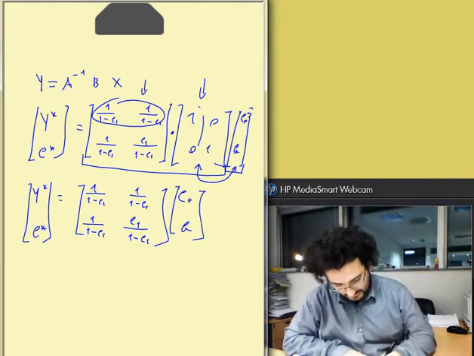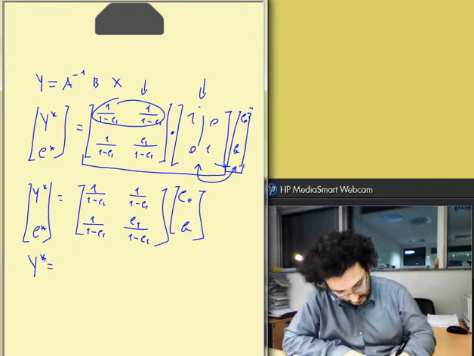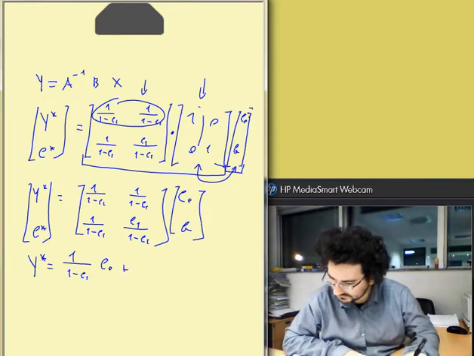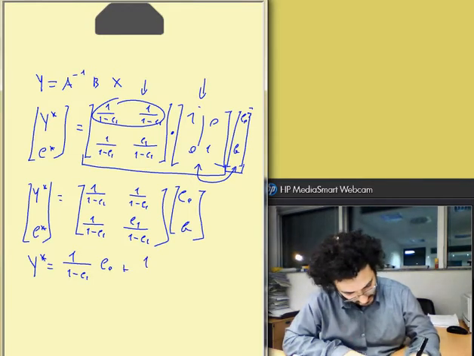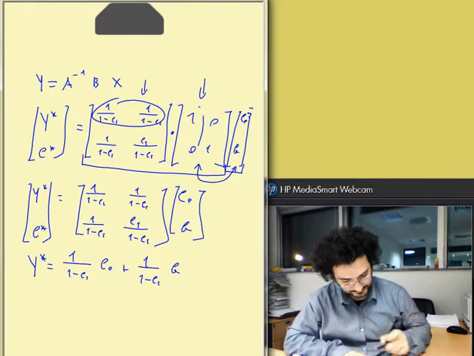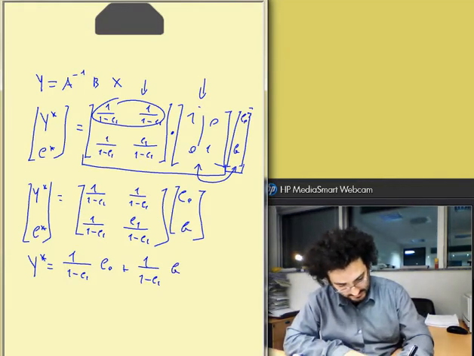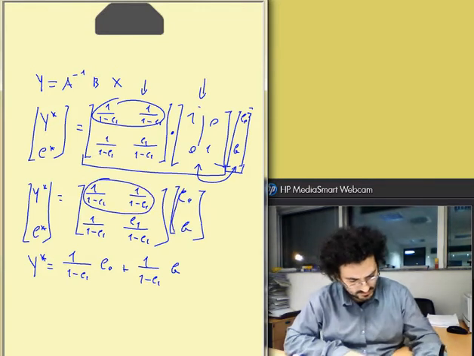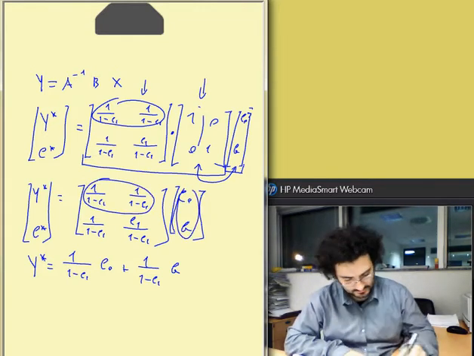Now we can write the final solution of our system, y star equal to 1 over 1 minus C1 C0 plus 1 over 1 minus C1 G, and this is obtained by multiplying this row by this column.